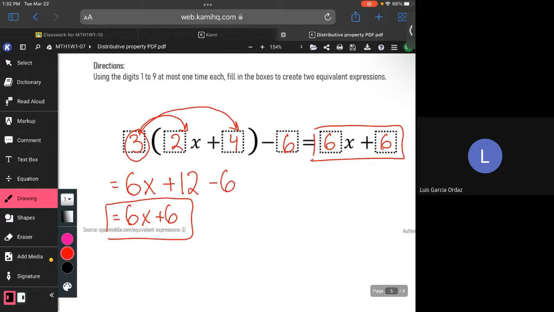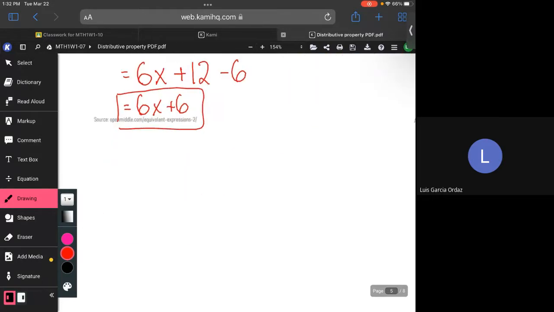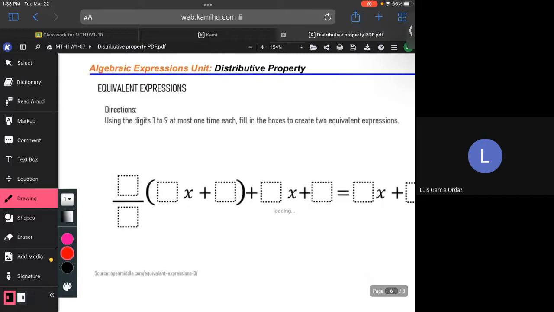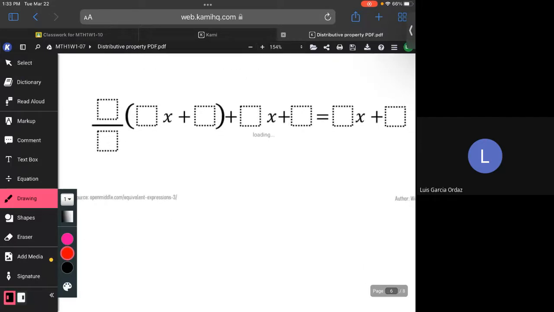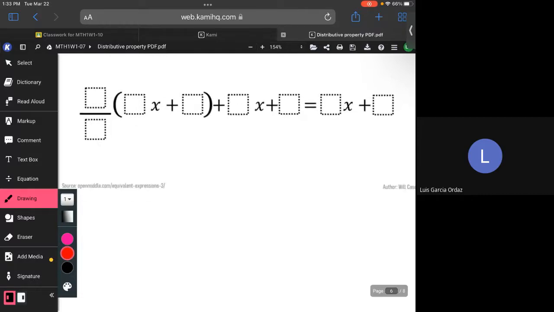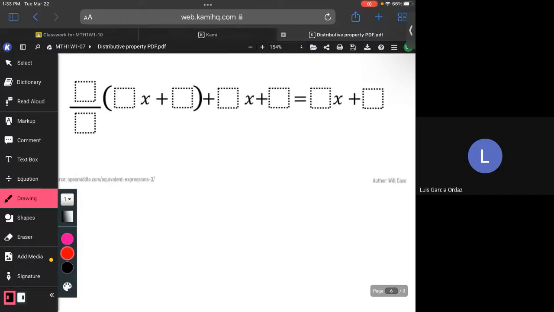Okay, so we have the next example and then 4 examples at the end. So the next one is going to involve fractions, which you guys dislike. So we have our fractions. So what fraction do you guys want on that outside? Maya?